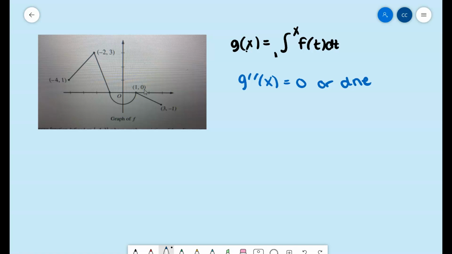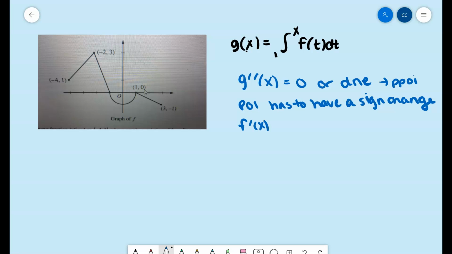So the critical points tell me the possible points of inflection, so that's a PPOI. An actual POI has to have a sign change. So in this case, since we're talking about g double prime of x, we would need f prime of x to have a sign change.